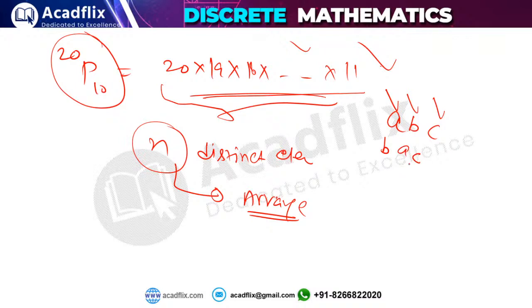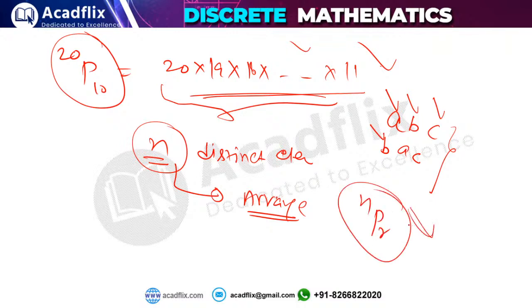When you change this, it is a different result, because now B has first rank, A has second rank, C has third rank. So in an arrangement, order does matter. When you want to do the permutation, out of n elements, if you want to arrange r elements, the answer will be nPr. These many arrangements will be there.